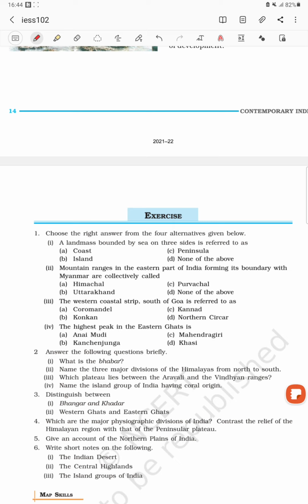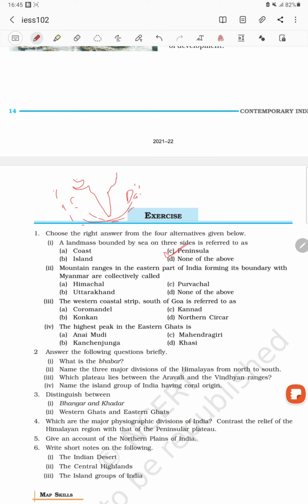Choose the right answer from the 4 alternatives given below. A land mass bounded by sea on 3 sides is referred to as what? Peninsula. I told you, the southern part of India is what? Peninsular. Why do we call it peninsular? Because the southern part of India is surrounded by ocean.